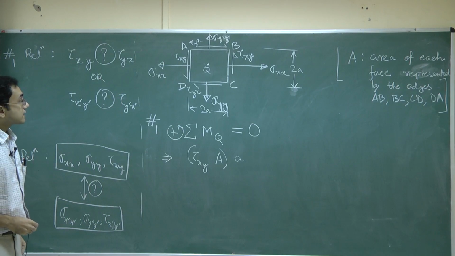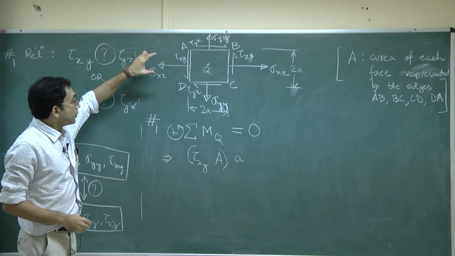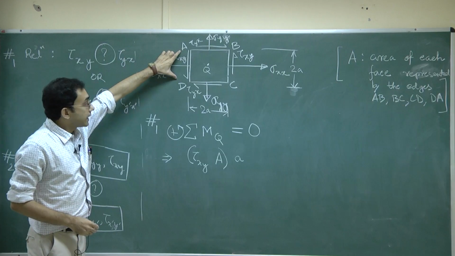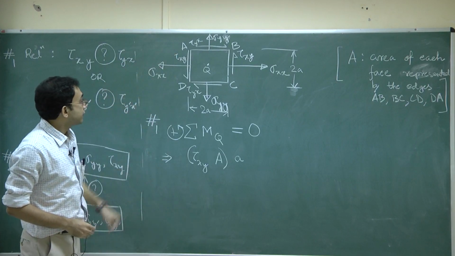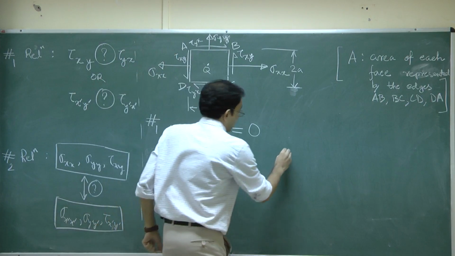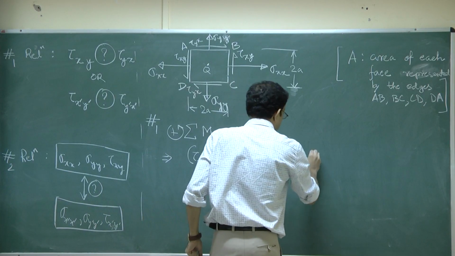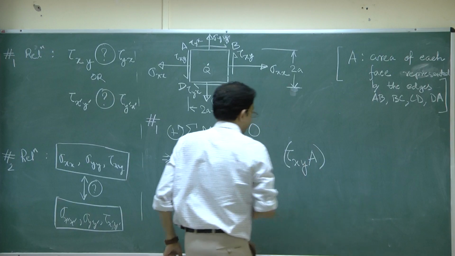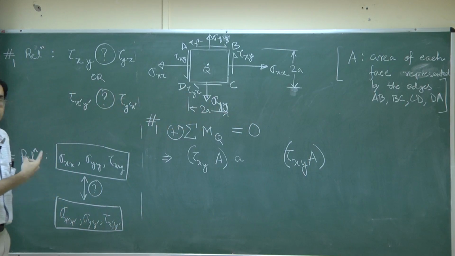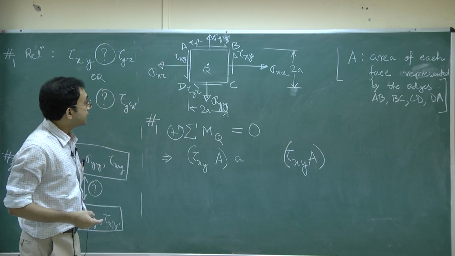Next, let us consider the force which is contributed by this AD edge or AD face. I will write the minus or plus later on. Let me first write down the force component. This is tau xy times the same area A, but this A now represents the area of AD.